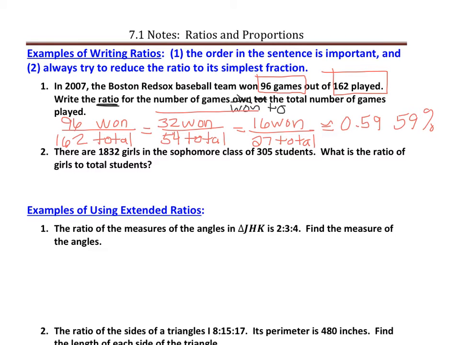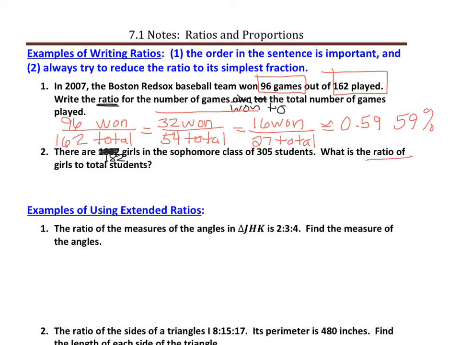Okay, let's take a look at the next one. And I have a typo again, I'm so sorry. There are 182 girls in the sophomore class of 305 students. What is the ratio of girls to total students?